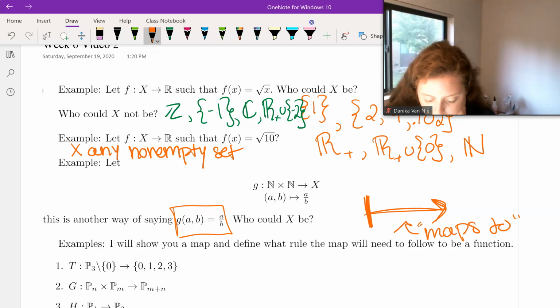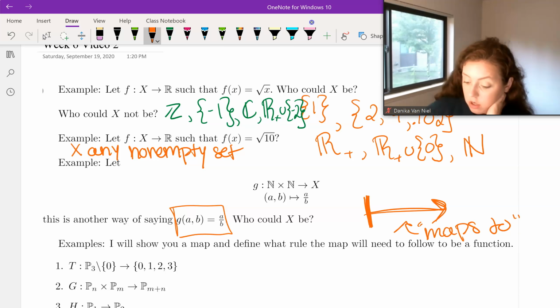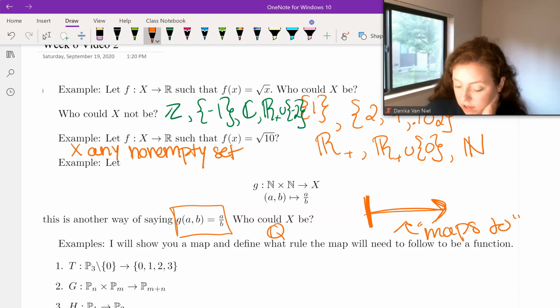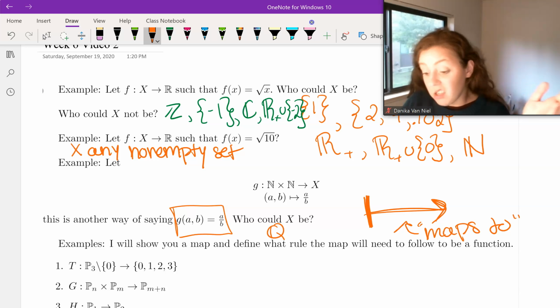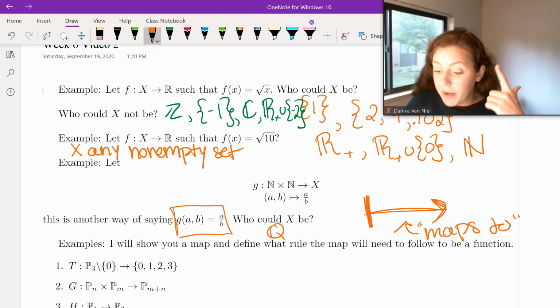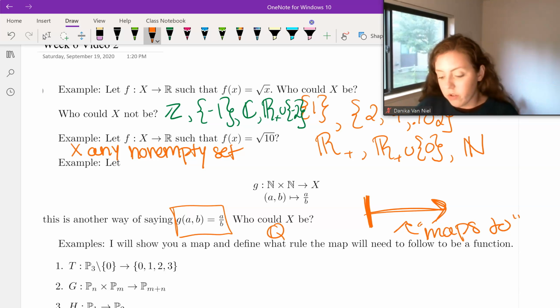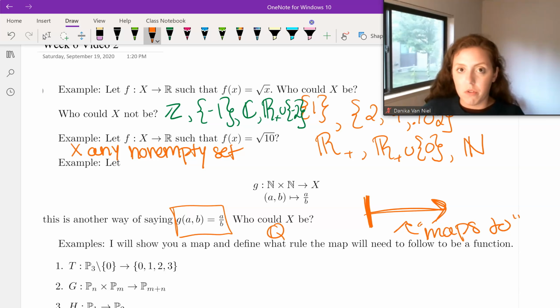All right, so who could x be? Well, it could certainly be the rationals, because rationals are just fractions of integers, and naturals are in the integers. Oh, but okay, so now I understand why I chose naturals: naturals don't have 0, so I don't even have to worry about saying b is not 0.